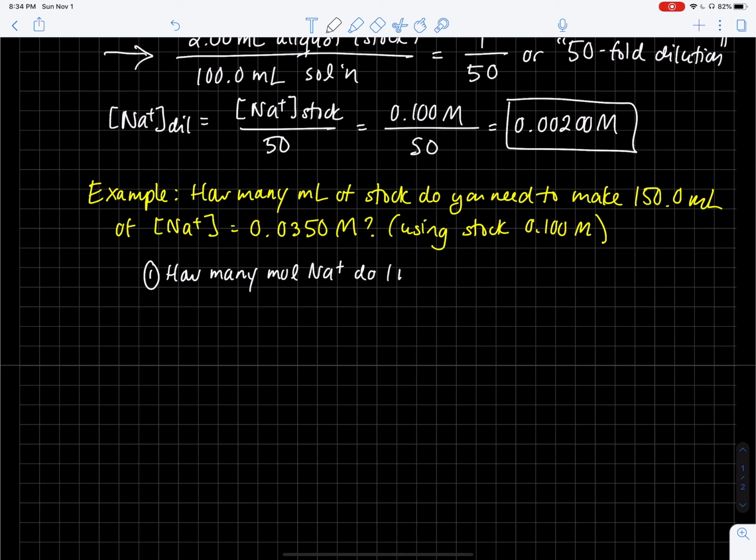I think it's helpful to think about this in 2 steps. The first question I would ask is, how many moles of sodium do I need in my new solution?